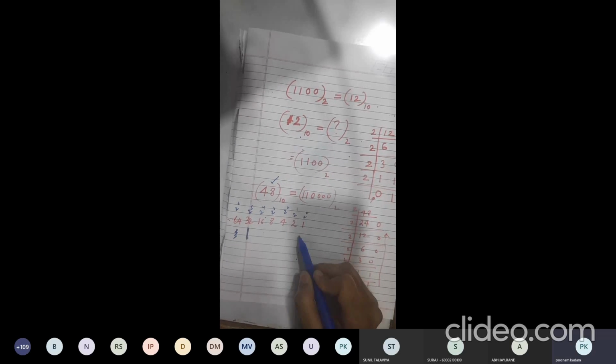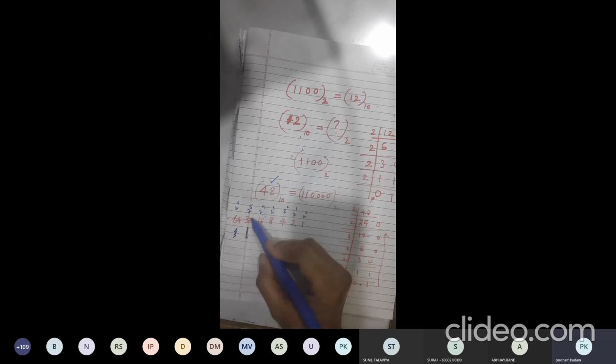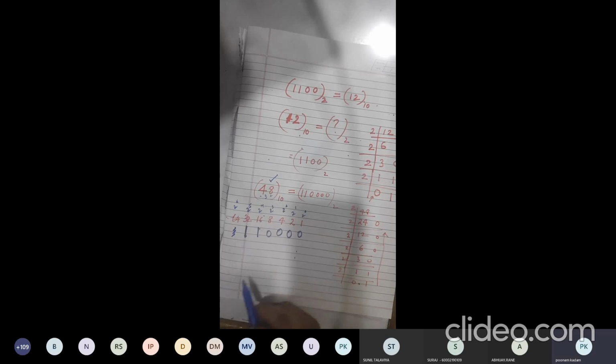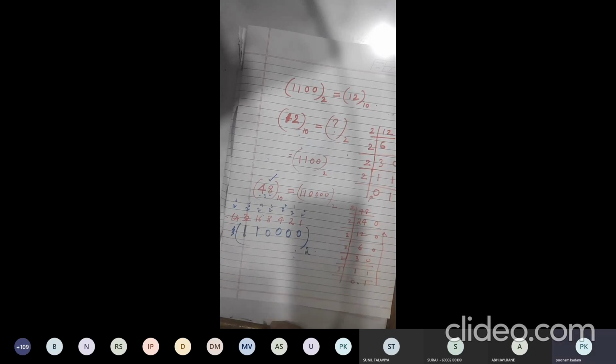But we want to have 48, we have to represent 48. So 48 minus 32 is how much? 16, right? So I want 16 more. There is 16 over here, I'll put 1 here, and in the rest of the bits I'll write 0 because 32 plus 16 is 48. So this is the binary representation of decimal number 48. I hope it is clear.